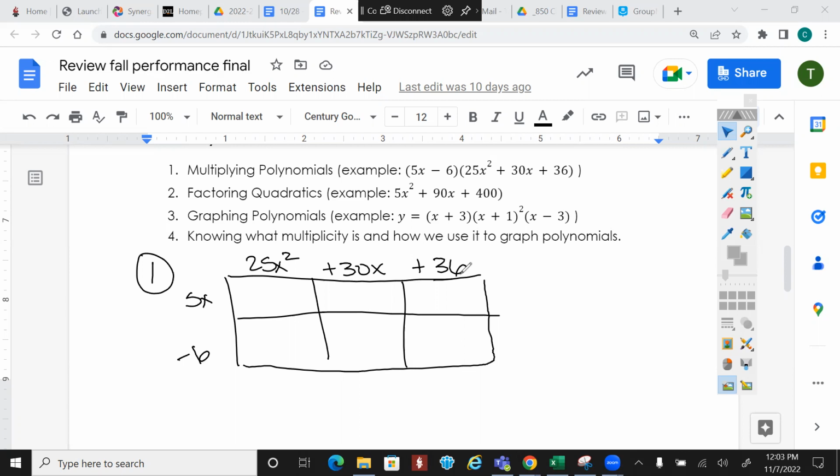So we're going to multiply the sides of these. 25 times 5 is going to give us 125. x squared times x is going to give us x to the third. 25 times negative 6 is going to give us negative 150x squared. 30x times 5x is going to give us 150x squared. 30 times negative 6 is going to give us negative 180x. 36 times 5 is going to give us 180x.